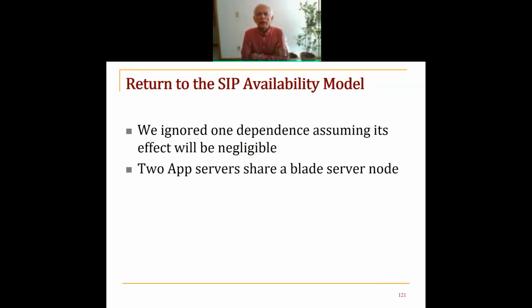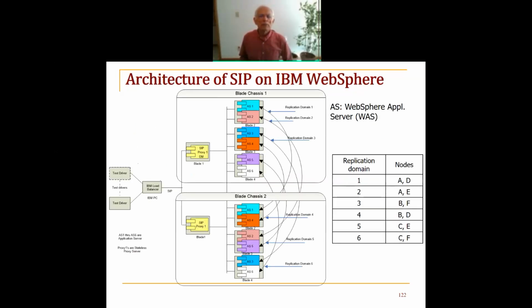We ignored one dependence, assuming that its effect is negligible. And let me show you where. Remember that two app servers share a single blade server node. Two WebSphere application servers are located on a single blade server node. And so you see that AS1 and AS2 are on the same blade server node.